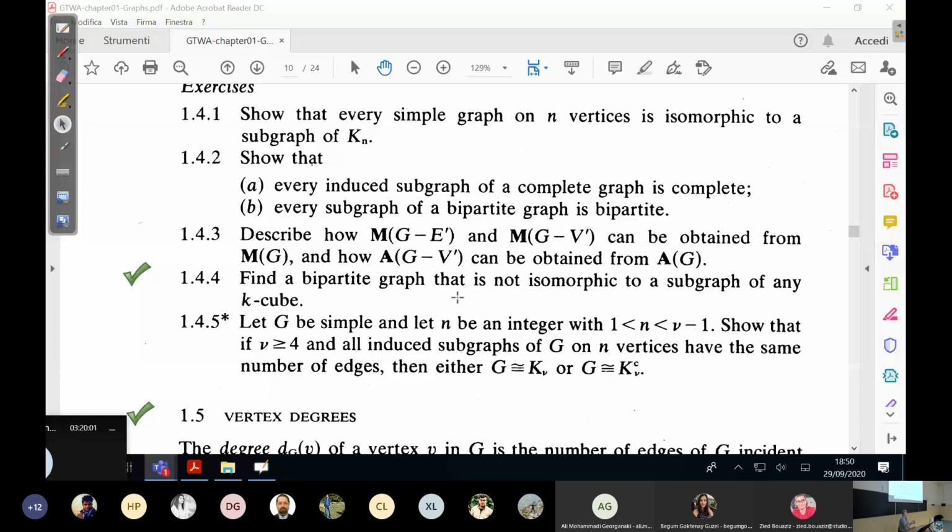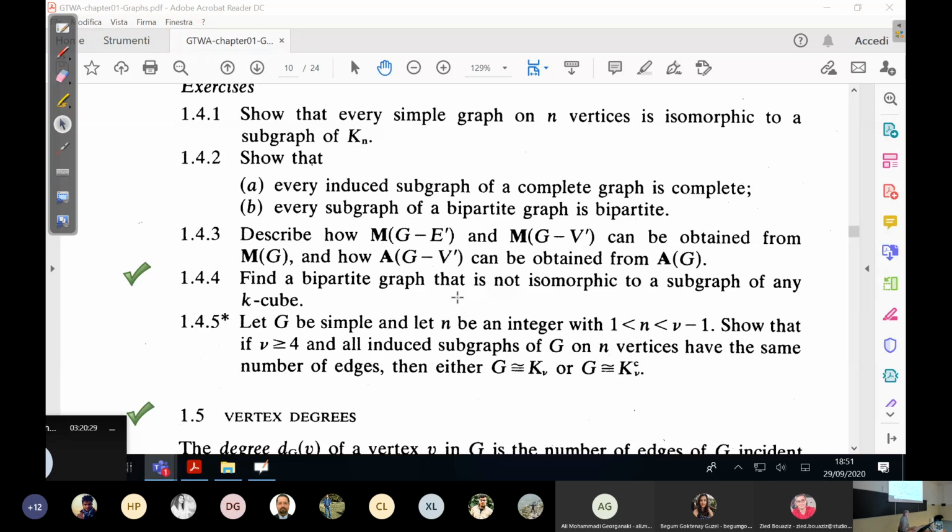You must show me. Show me your graph. I think you attended the Liceo Scientifico. Yes. Okay. I want you to become an engineer. So if they say find a bipartite graph, you must take the blackboard and draw.